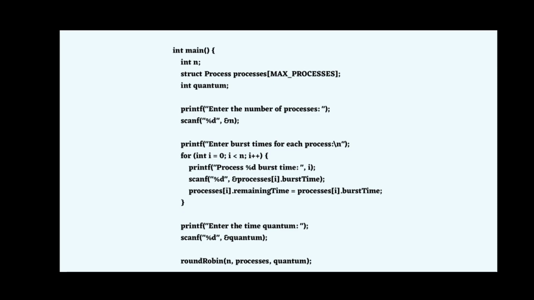Now after finishing the loop we will again print to ask for the time quantum: printf enter the quantum time, that will accept the quantum number in the form scanf %d and &quantum. And now finally we will run the round robin function, that is round_robin(n, processes, quantum).